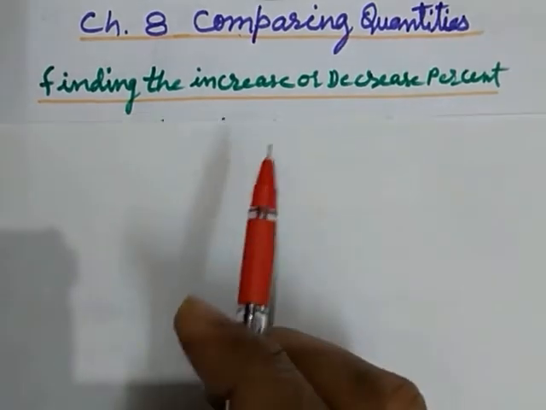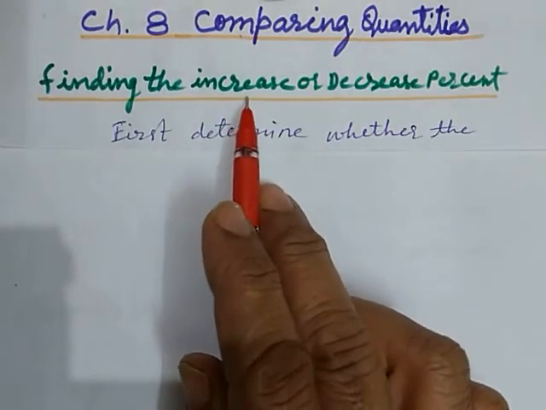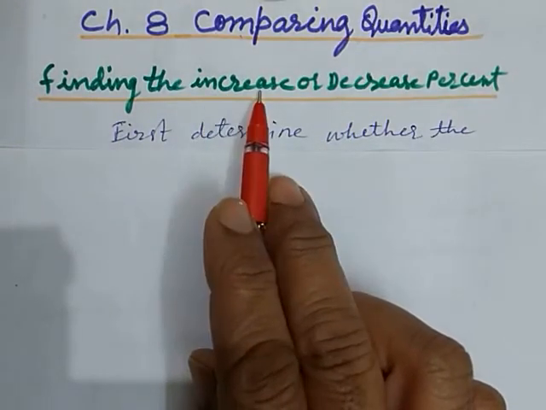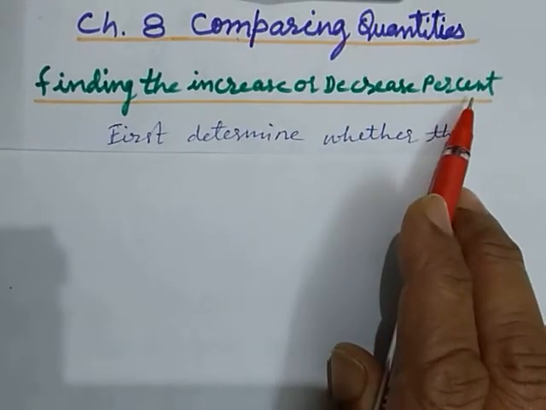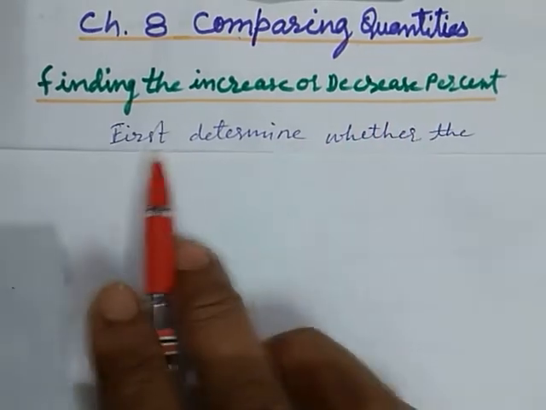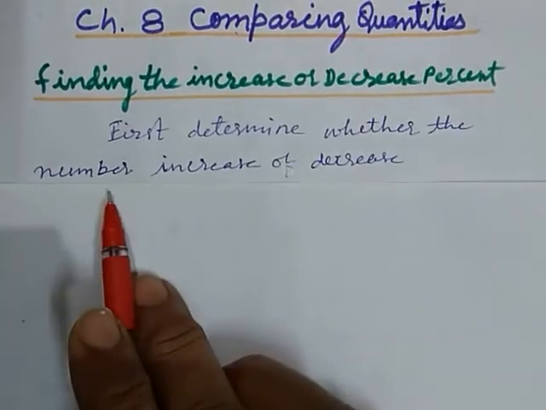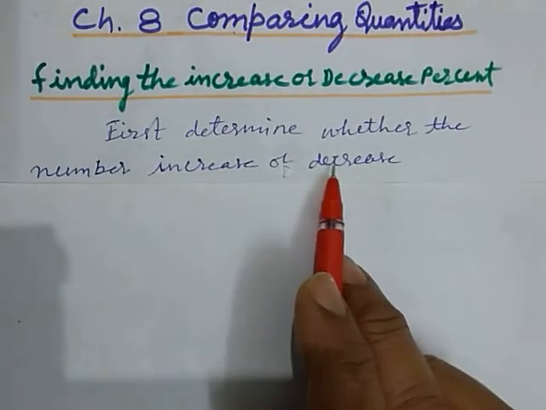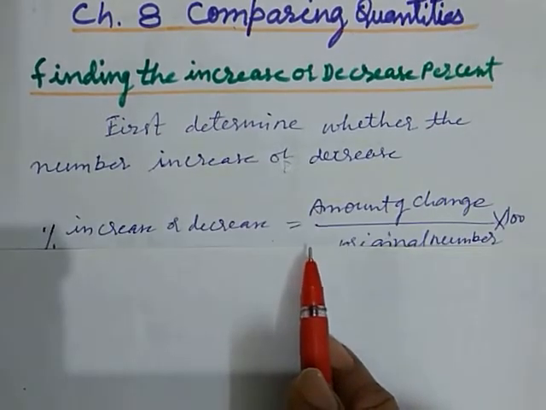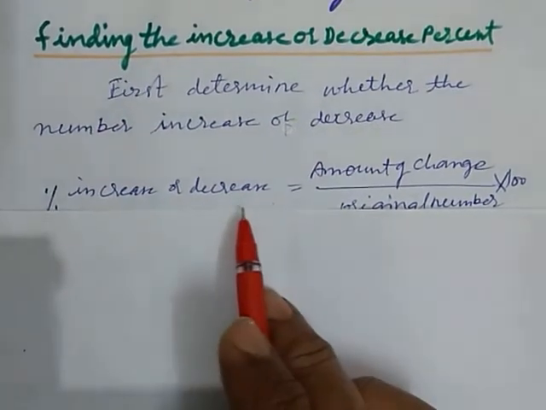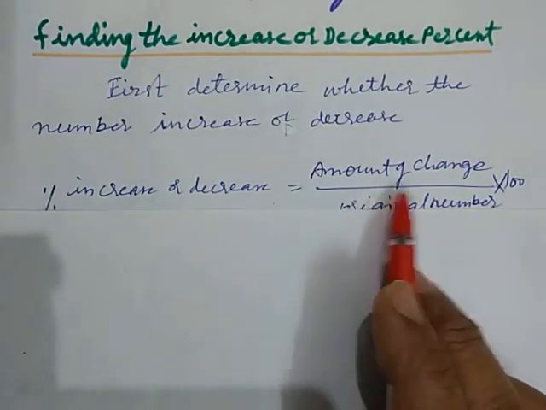As the name suggests, increase or decrease, and we have to find the percent, how much they increase or decrease. First we determine whether the number increases or decreases. Then the percentage increase or decrease is found from the amount of change.